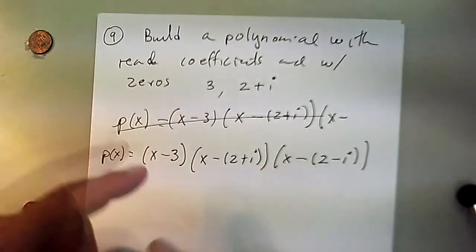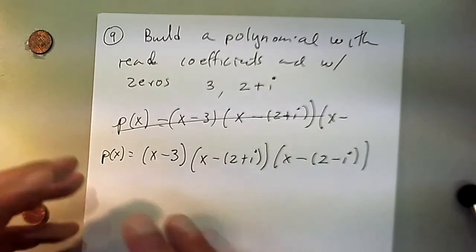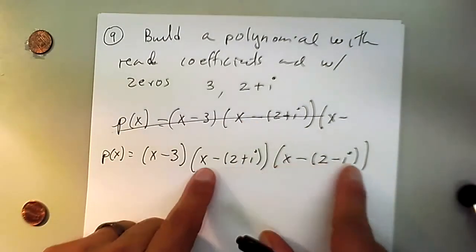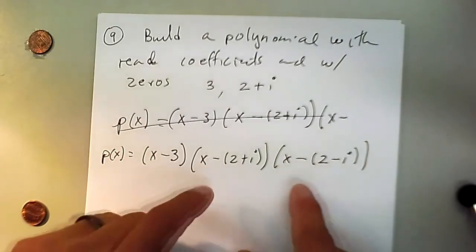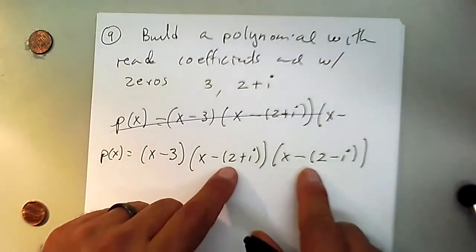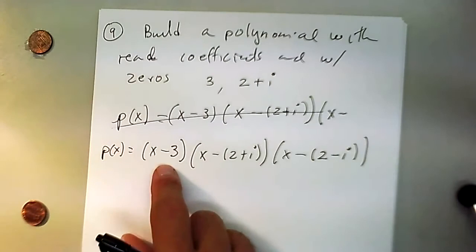Otherwise, you have too many i's floating around and i squareds through the whole multiplication. If we multiply those two at the beginning, yes, there's going to be i's and i squareds, but they're going to be gone as soon as we multiply those two, and then we don't have to worry about i's anymore.